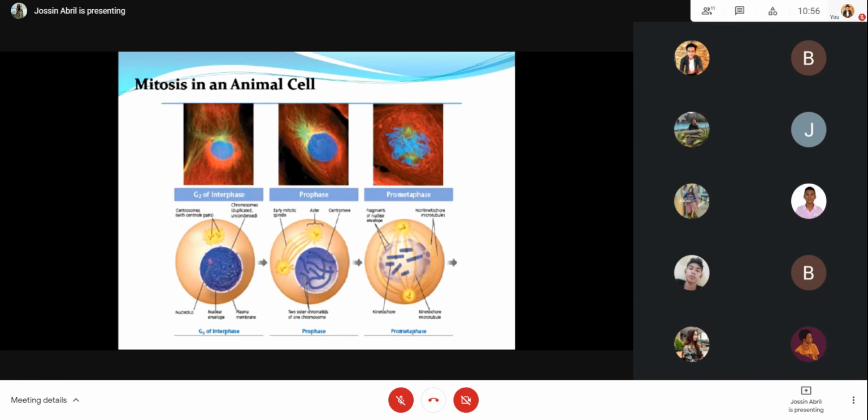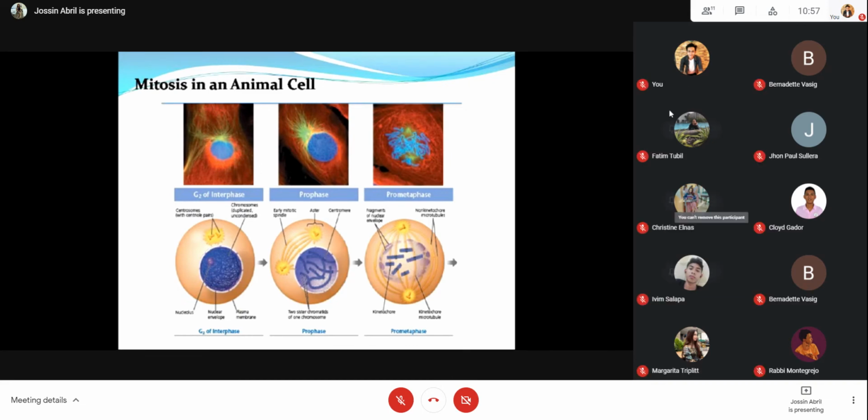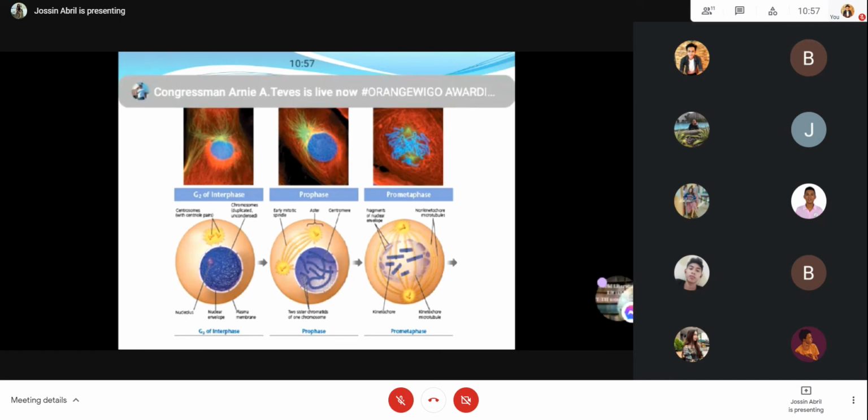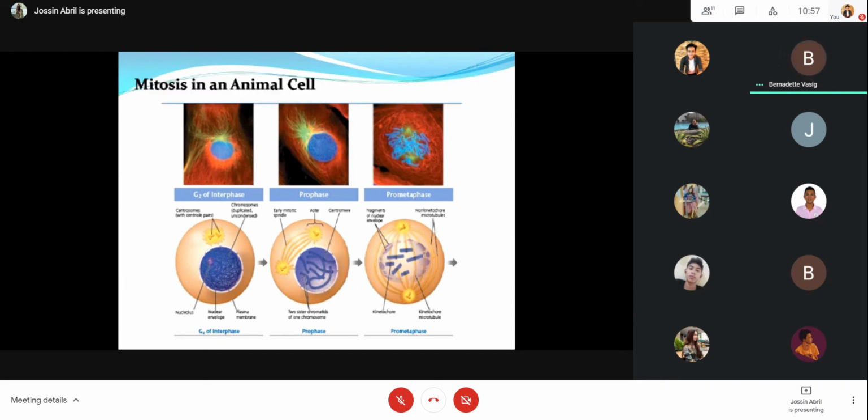Kinetochore microtubules, this is where the kinetochore of the chromosomes is attached, while the astral microtubules, this is where the spindle fibers are attached, ma'am.